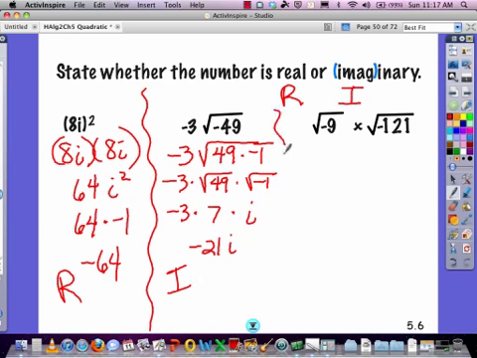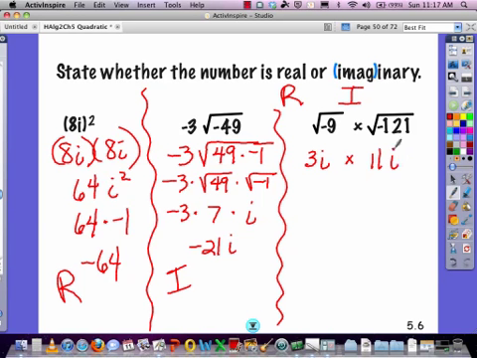All right, and our next one. When we have square roots, we must simplify those square roots first. So the square root of negative 9, let's see if we can jump without breaking it down this time, is the perfect square number of 9 with that square root of negative 1. So that would be 3i. Then the square root of negative 121, same thing. The 121 is a perfect square. That gives us 11i.